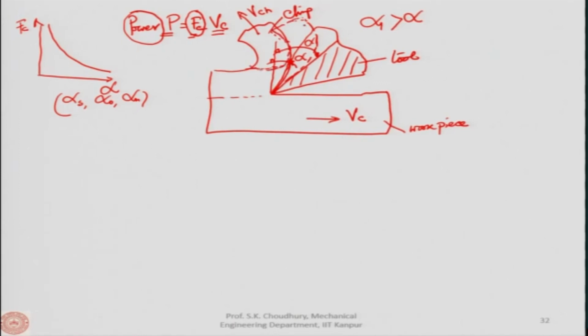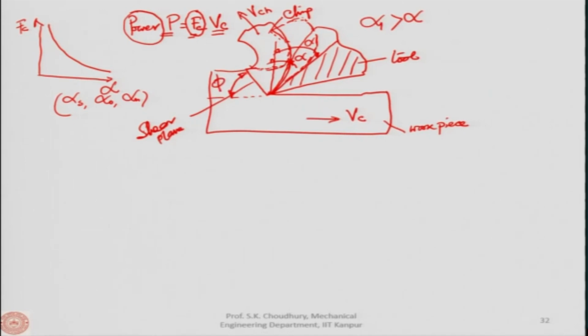So, this is the new position of the chip, and the chip will be flowing along this rake face. Now, from the tool point to the point where the plastic deformation starts, this is called the shear plane. And the angle that it makes with the direction of the cutting velocity vector is the shear plane angle.